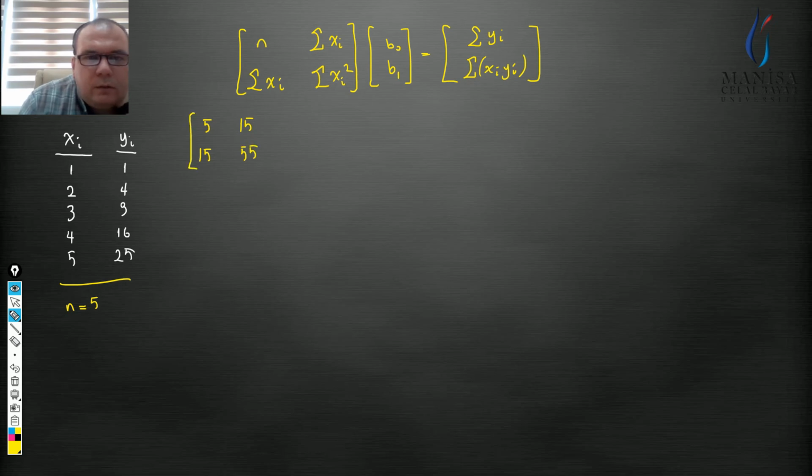Okay, we have our b0 and b1 here. We want to find these values, and for this part we are going to take the sum of Y points, which equals 55, and also for this term I'm going to calculate the sum of these values.